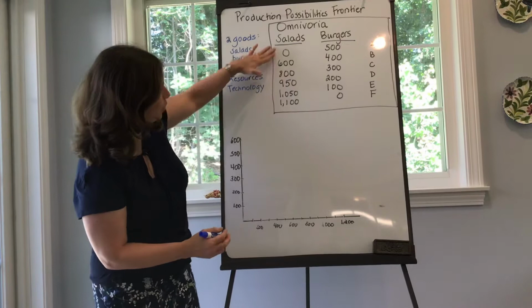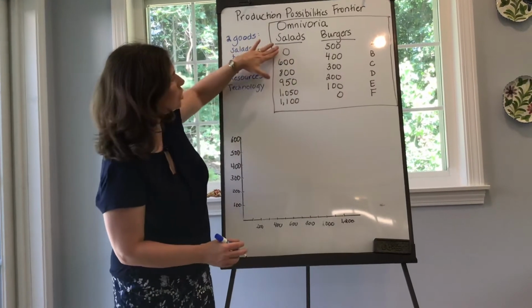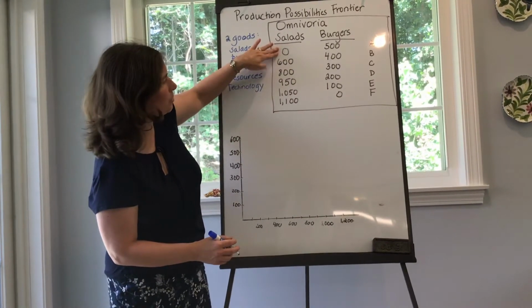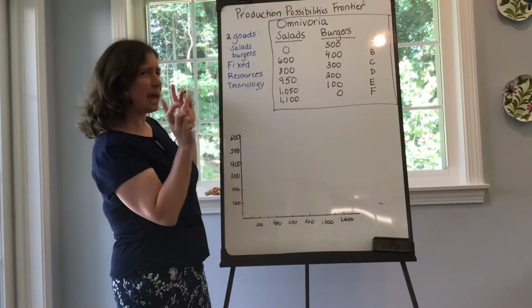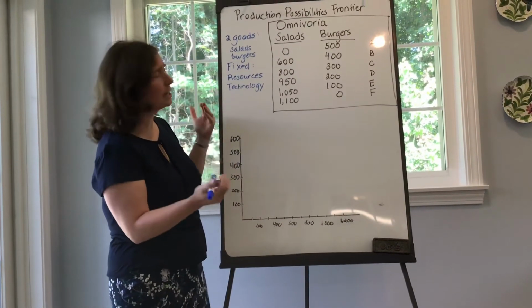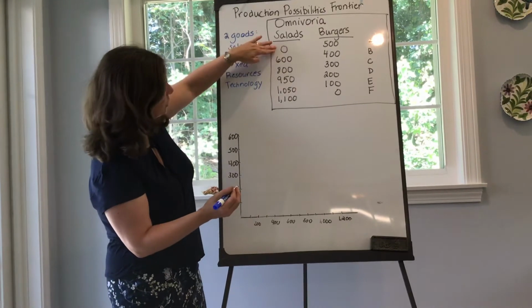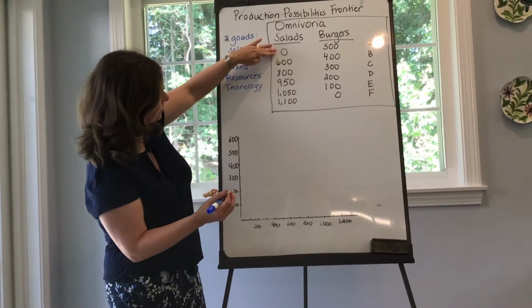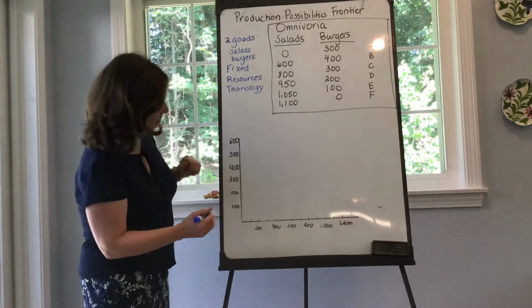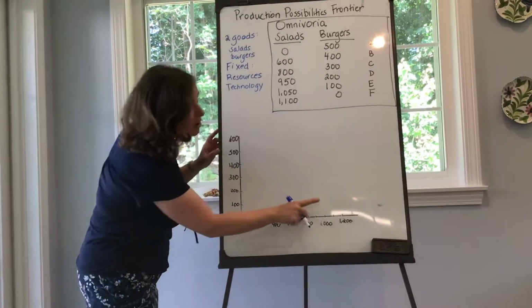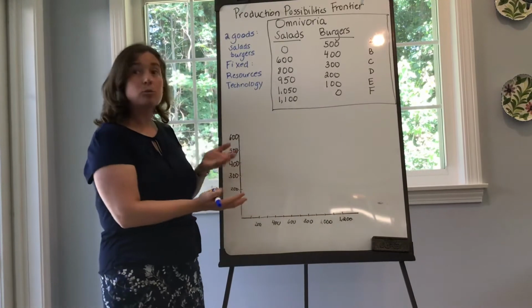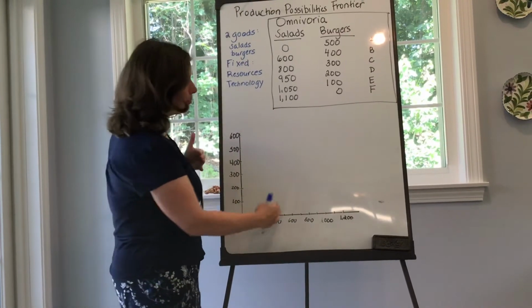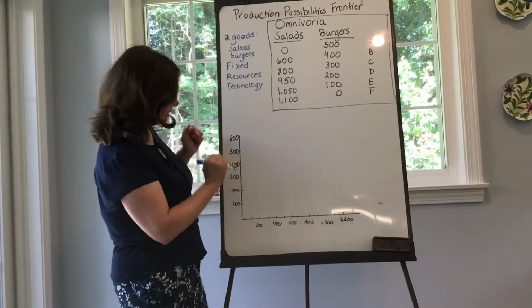So I'm just going to work my way down. Actually, I'm going to start with my first point here, point A. And I personally find in graphing, if I have endpoints or extremes, I like to start with those. So I'm going to look at my point A, and let me back up and just say, I've already drawn my graph or set it up. Ideally, you want to use graph paper because this will help you keep your scale consistent.